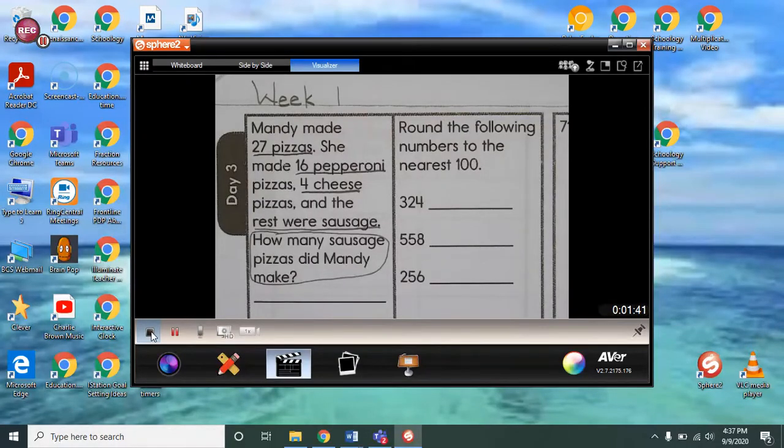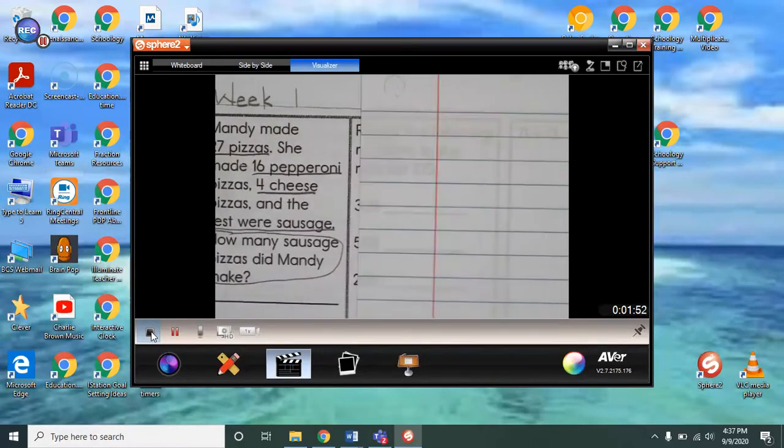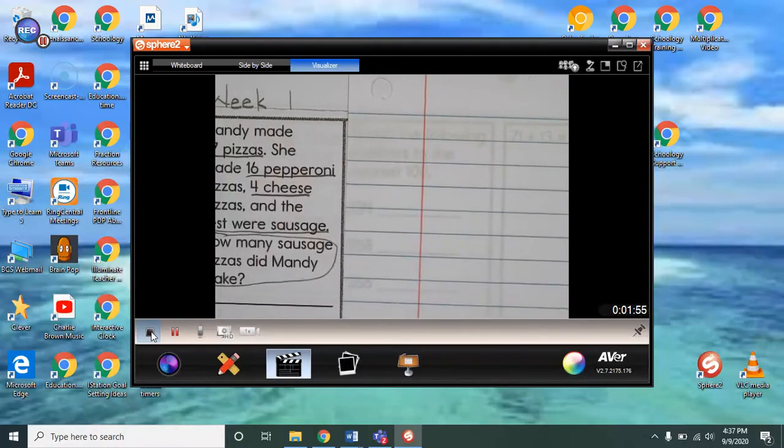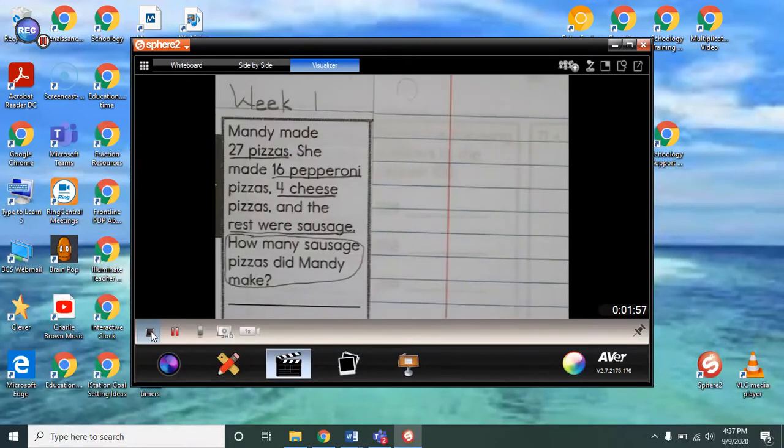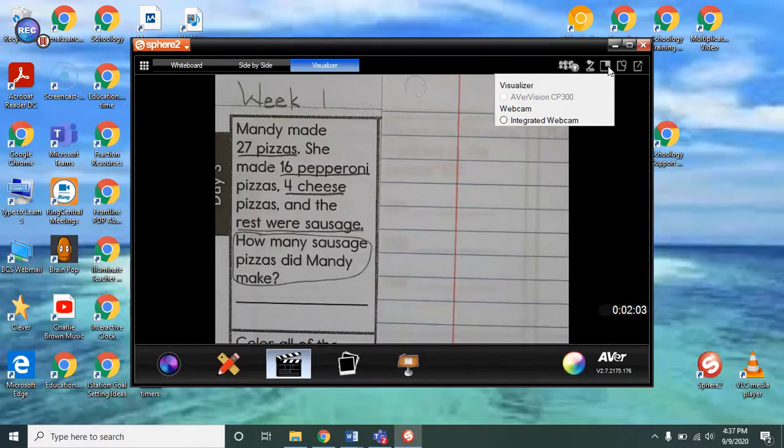So now we can take a look and decide how we are going to write a statement that helps us to figure out what our question is asking us to solve for.